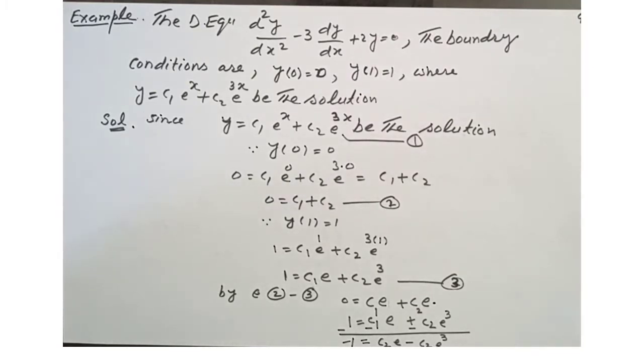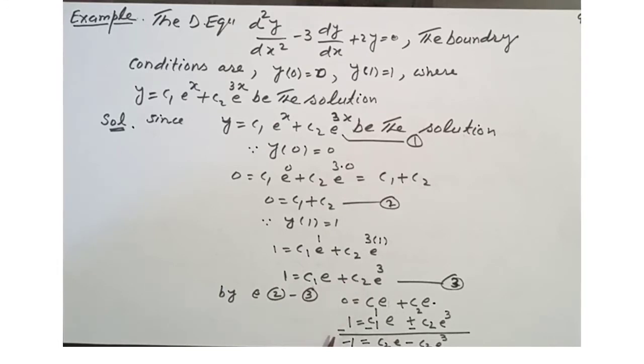Now how do we solve these equations? Now you see, we multiply equation number 1 by e and subtract it from equation number 2. We multiply here: e into 0 becomes 0, c1 into e, and c2 into e.